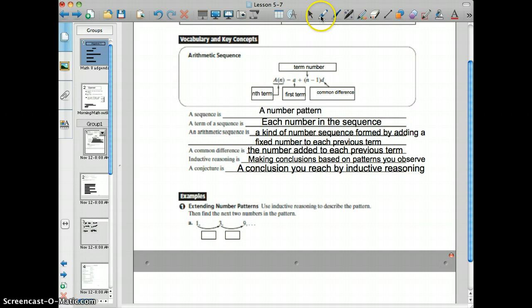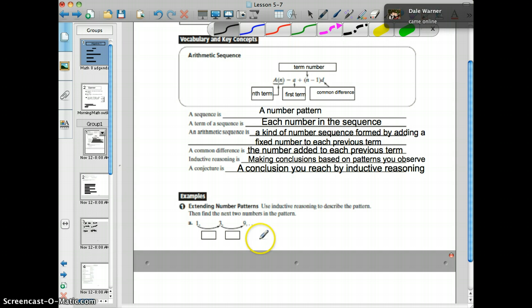All right, let's look at our first example here, and you want to use inductive reasoning to describe the pattern and then find the next two numbers. So you see here we go from 1 to 3 and then 3 to 9. Find the next two numbers in the number pattern and describe what's happening. I would say I'm multiplying by 3 each time.